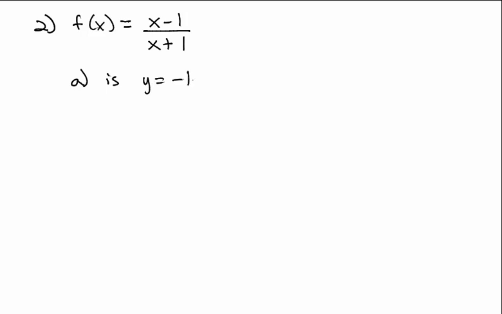Let's do one more range problem before we wrap up. Let's say another function, f of x, is equal to x minus 1 over x plus 1. And we want to know, is y equal to negative 1 in the range? Again, we're going to plug that negative 1 in for the answer.